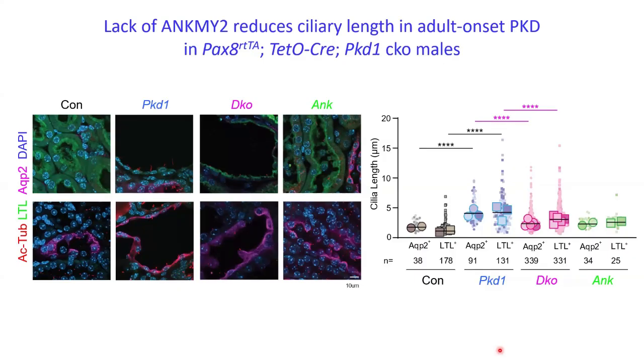Jeremy has what I think is a question in the chat. The ANC single knockout kidneys are pretty normal? So I think he's asking, is there a phenotype in the ANC kidneys? That is a really nice question.